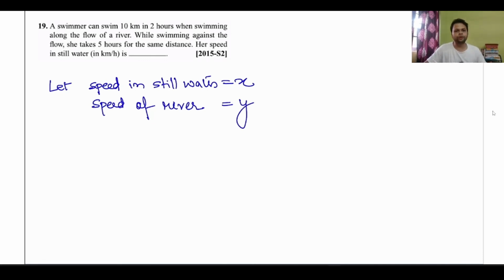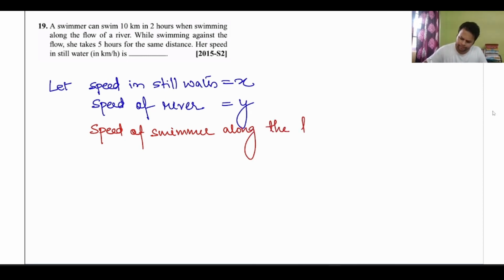So the speed of the swimmer along the flow is equal to x plus y. Both of them will get added up because the swimmer is swimming down, and the flow of water is also in that direction.